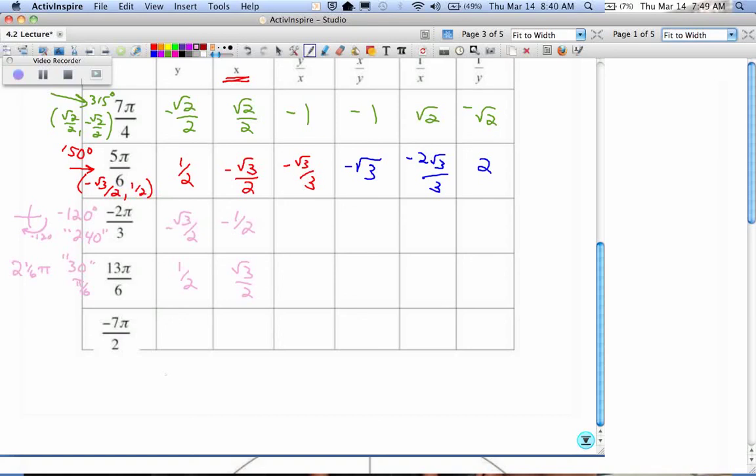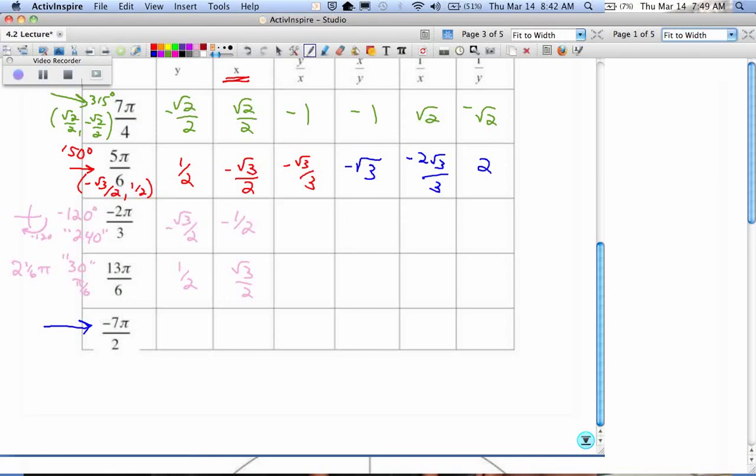All right, you're going to do this next one on your own as fast as you can. Negative 7 pi over 2. If you count by 1/2 pi on the unit circle, what are you doing? What's half? 90 degrees. You're doing a quadrant at a time, right?